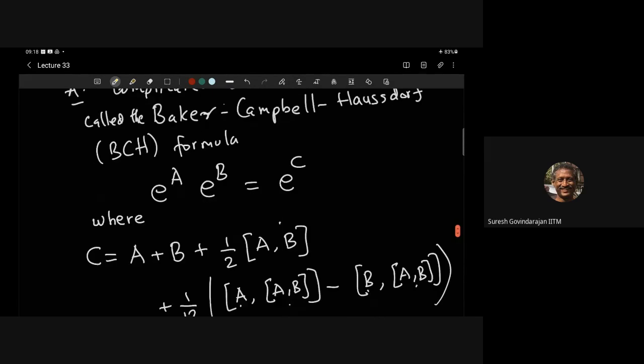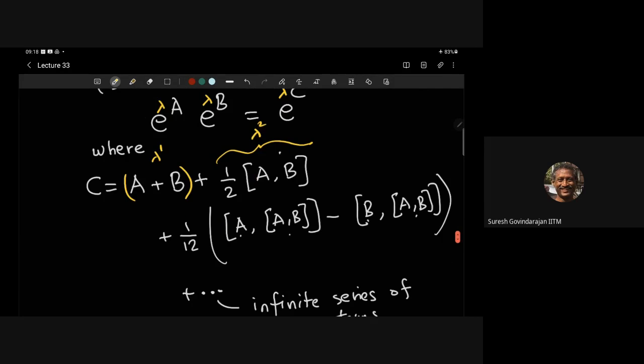What do I mean by the orders? Let me explain. You just put lambda here, and put lambda here. Then you will observe that these terms are lambda power 1, this is lambda square, and this is lambda cubed.